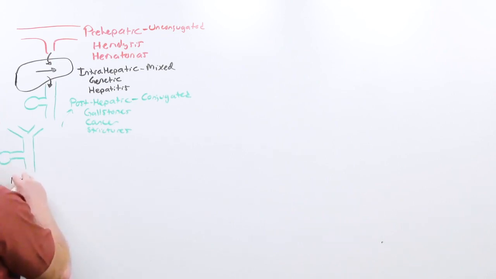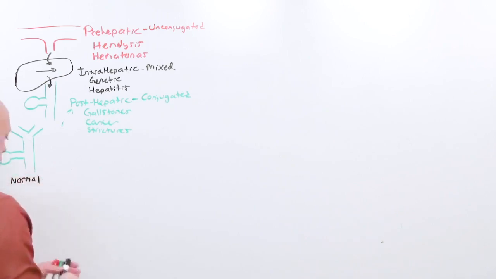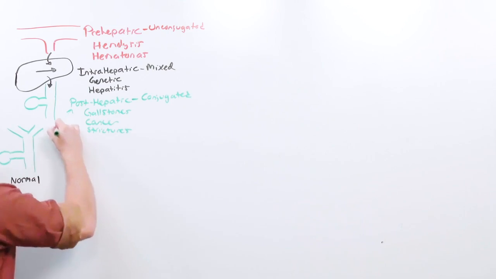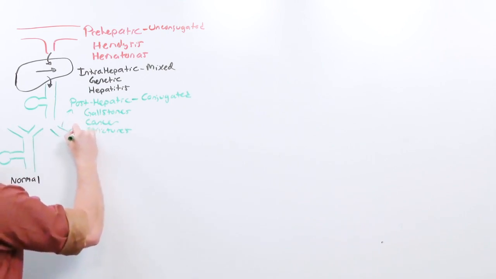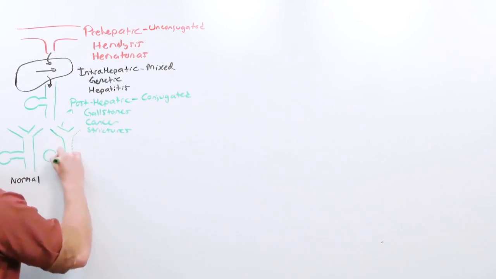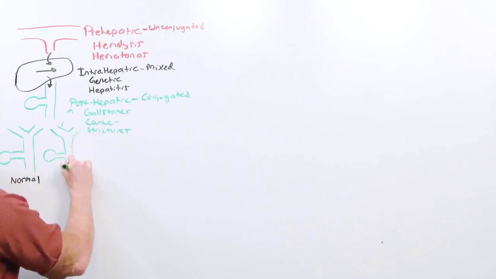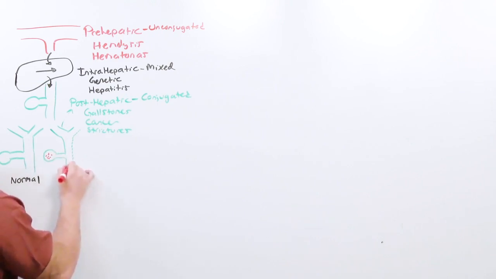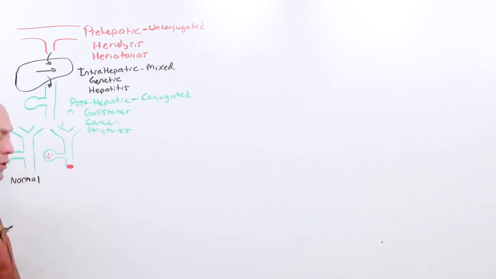Well, one thing that can go wrong is gallstones. What can happen is a gallstone that happened to be in the gallbladder comes out and gets dislodged and gets stuck in the biliary tree.